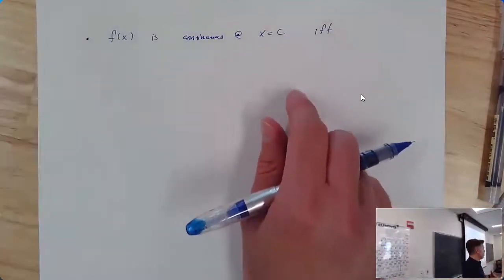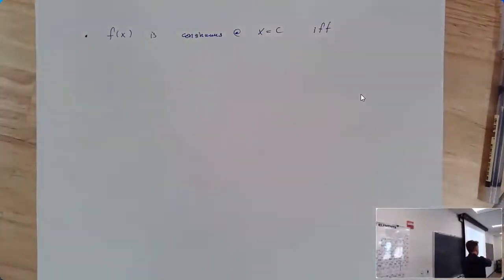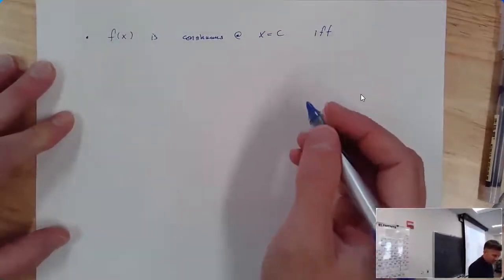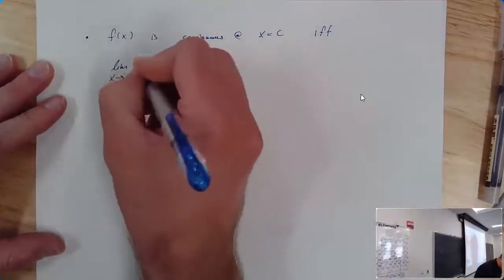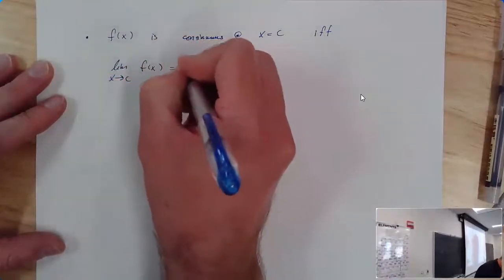Meaning if this is true, then the other thing is true, and if the other thing is true, then this thing is true. It's a bi-conditional statement, meaning each thing implies the other. So f of x is continuous if and only if the limit as x approaches c of f of x is equal to f of c.